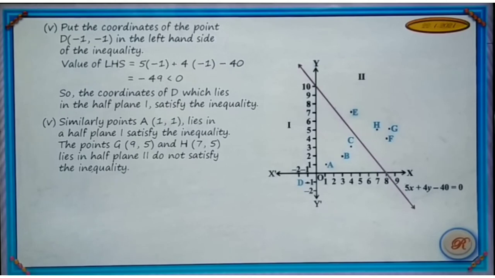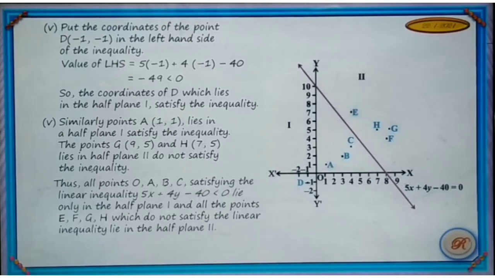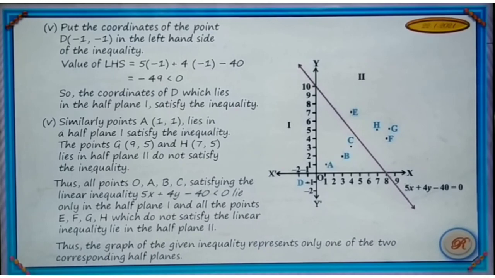And all the points E, F, G, H which do not satisfy the linear inequality lie in the half plane 2. So, the graph of the given inequality represents only one of the two corresponding half planes.